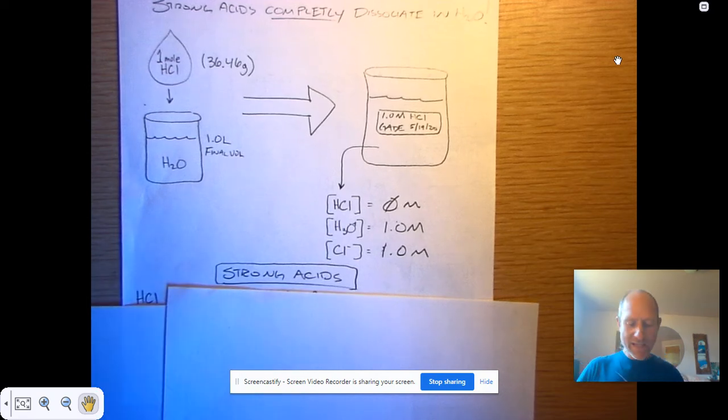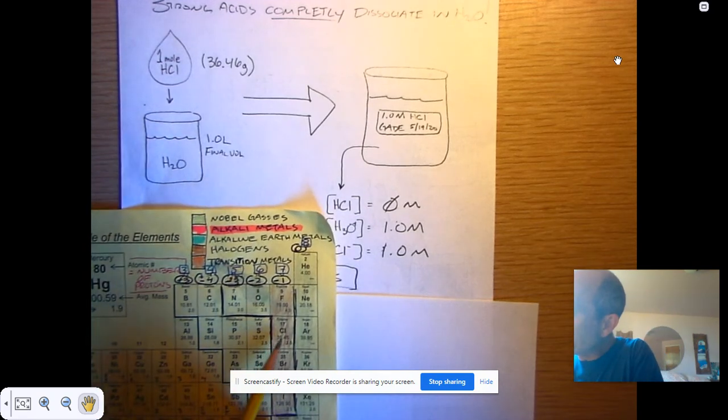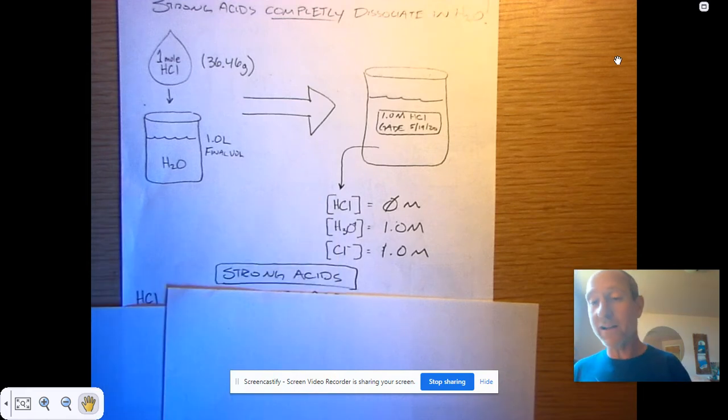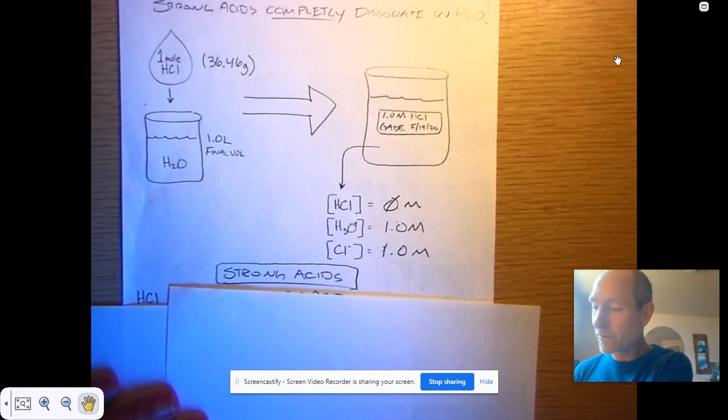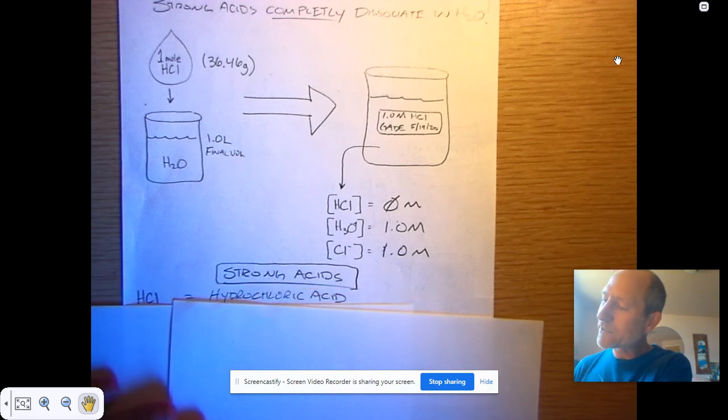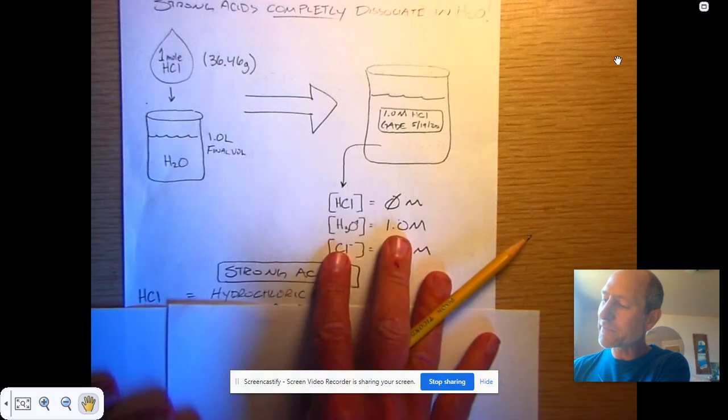In this case, the anion is a halogen, and the rules for naming a halide acid are you start with the word hydro, and then you use the root of the anion, which is chlor. So it's hydrochlor, and then you add ic and acid. So this would be hydrochloric acid.